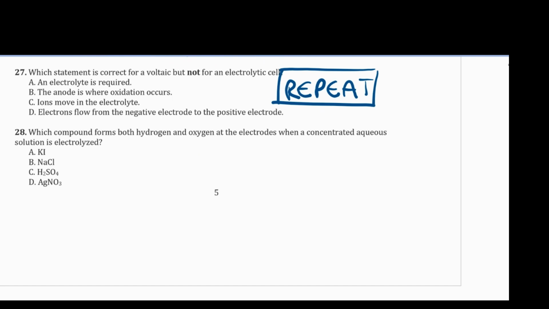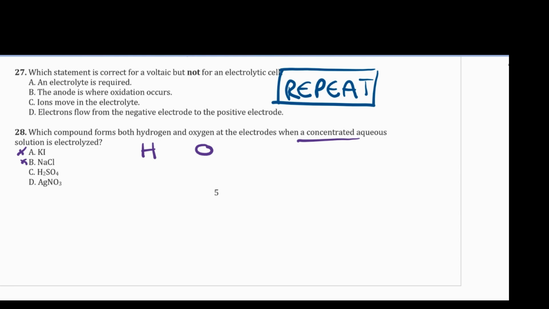Number 28. Which compound forms both hydrogen and oxygen at the electrodes when a concentrated aqueous solution is electrolyzed? Okay, so we're trying to get hydrogen and oxygen. Concentrated means that if we have any halogens, they will win over whatever they're competing with.